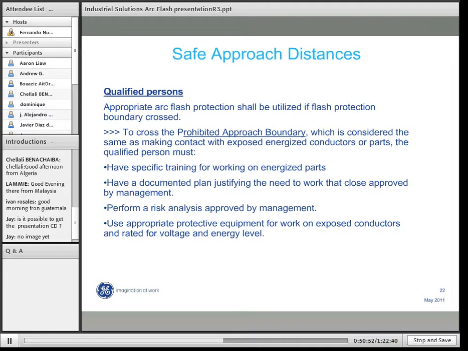This is what is considered during an arc flash hazard analysis. We calculate the bolted fault currents, and from that we can calculate the arcing fault current. And then the arc duration is simply the time that it takes for the protective equipment, fuses, and circuit breakers to clear the arcing fault.